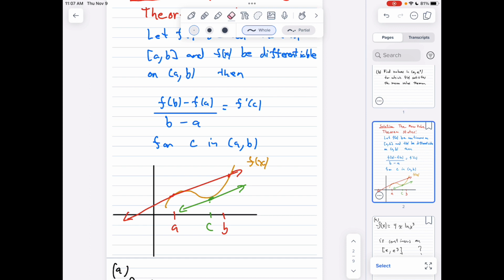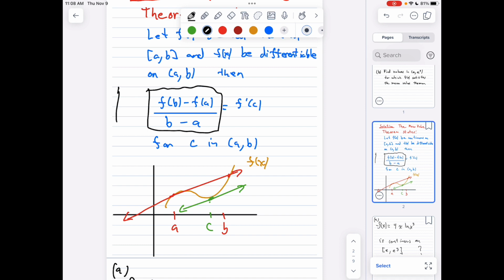Seeing this geometrically helps in remembering what the theorem says, especially this part right here: f of b minus f of a over b minus a. I don't know if you recognize that from early in the course, but this stands for the slope of a secant line.